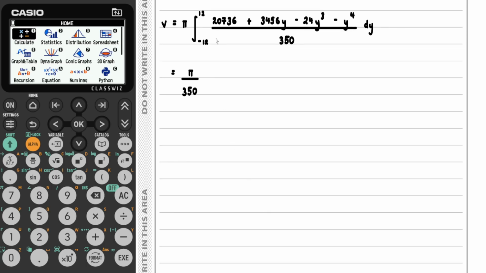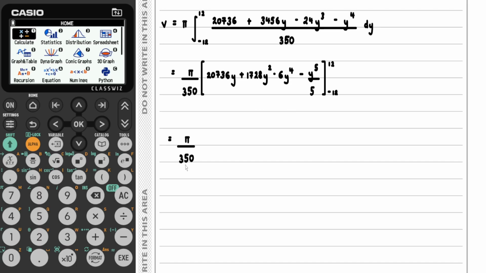The first thing we can do is take out the 1 over 350 as a common factor. So I've got pi over 350 times by. Now if I integrate the terms here, I would have 20,736y + 1,728y² − 6y⁴ − y⁵ over 5. I need to evaluate this between −12 and 12.